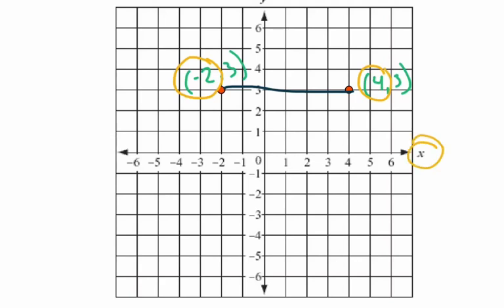And what this 4 means is that this point is 4 away from the y-axis, and this -2 means that this point is 2 away from the y-axis. It's just to the left instead of the right.